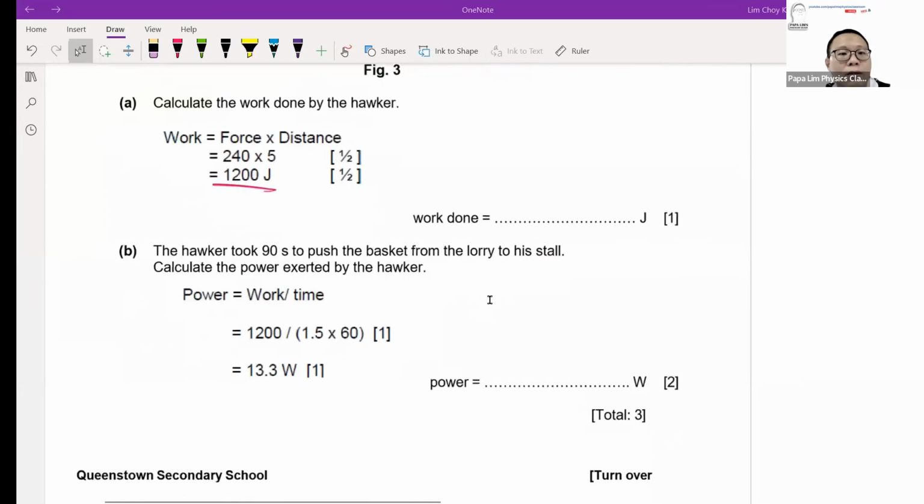Okay, so after work done, what the question asks for in part B is, when they take 90 seconds, what is the power? Same as before, like I mentioned, power is work done divided by time, work per unit time.